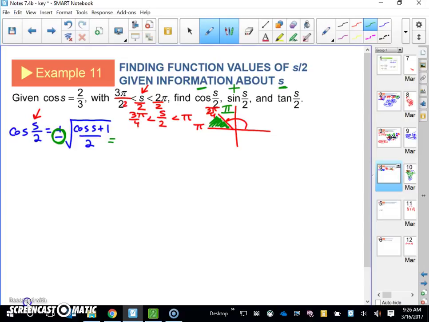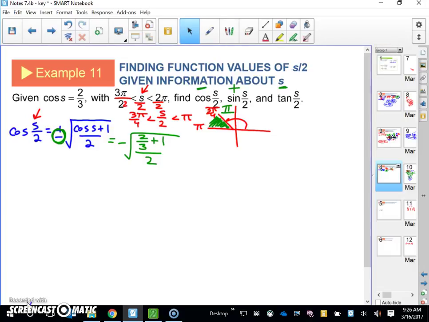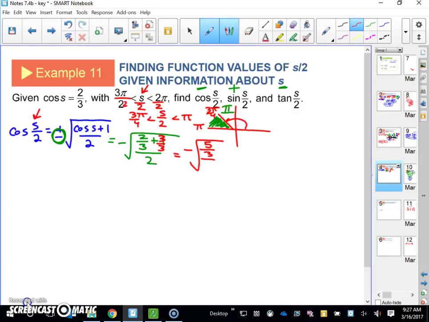We've got negative square root of cosine s plus 1 over 2, but cosine s was given to us as 2/3. So that's the square root of 2/3 plus 1 over 2. I would recommend getting a common denominator here, since we're adding fractions. So we have negative square root of 2 plus 3 is 5 over 3 all over 2.